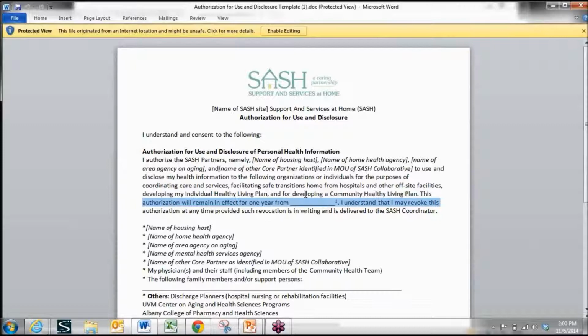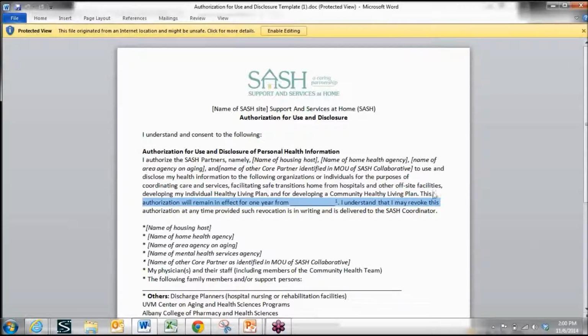So that is very important. It's what makes it compliant with federal and state privacy laws and regulations. The federal privacy regulation is called HIPAA, and you will get further training in that. But just understand that these forms are all HIPAA compliant.